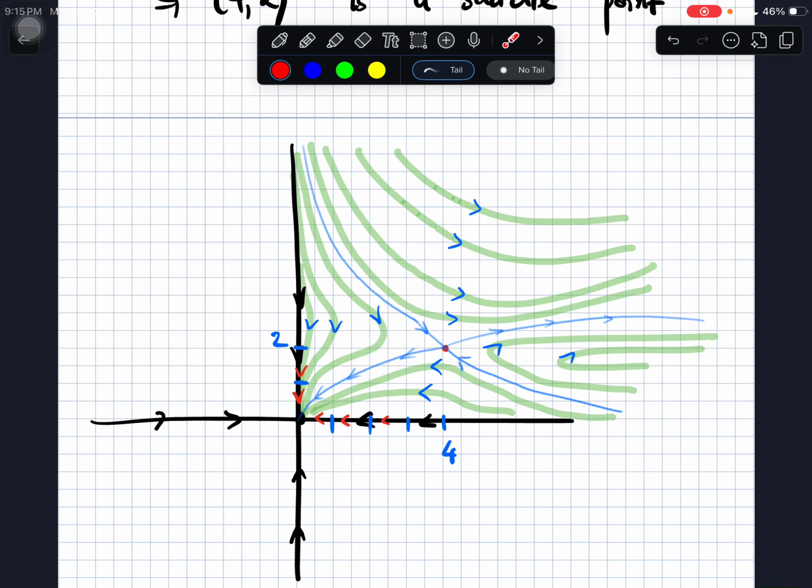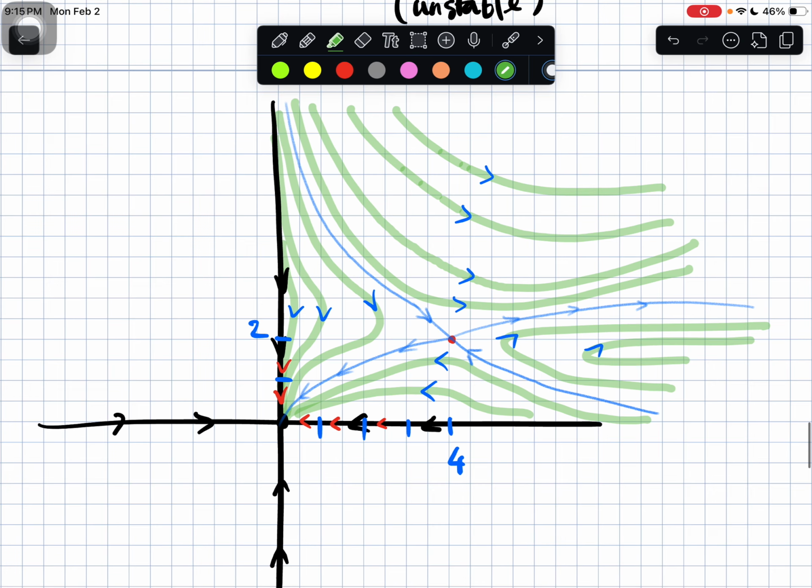So the long-term behavior: the other side just goes off to infinity. There is a separatrix here. Let me highlight this. The separatrix is this one.